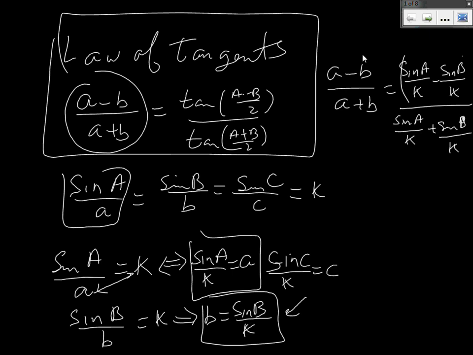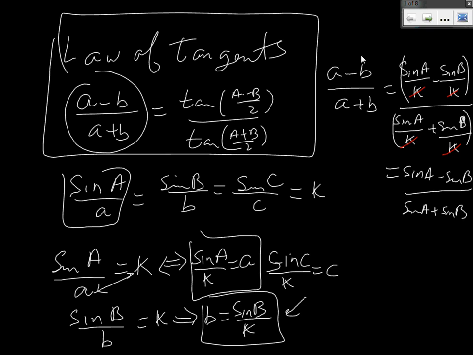And the first thing I realize is that if I multiply by k, top and bottom, the k's cancel out. That is, I just get sine of A minus sine B over sine A plus sine B.